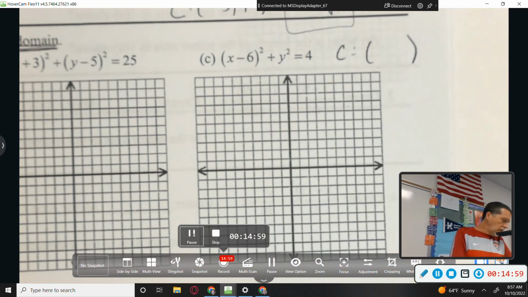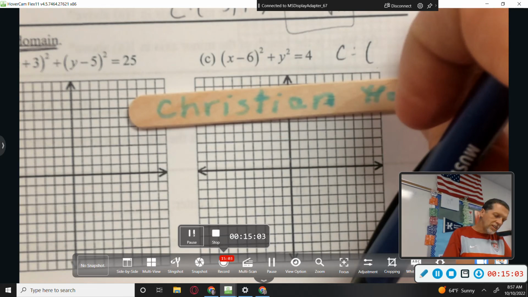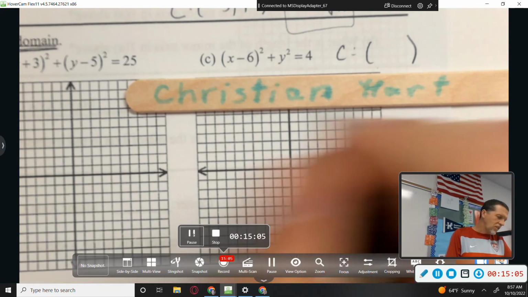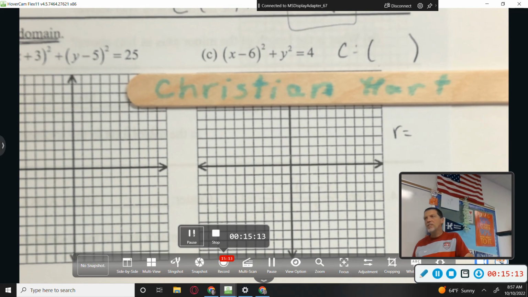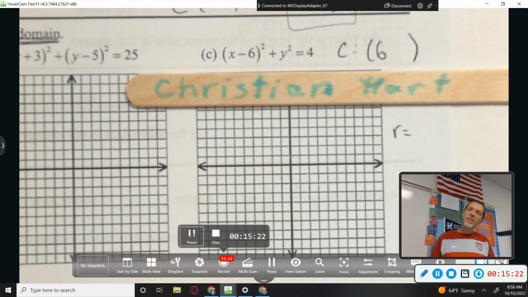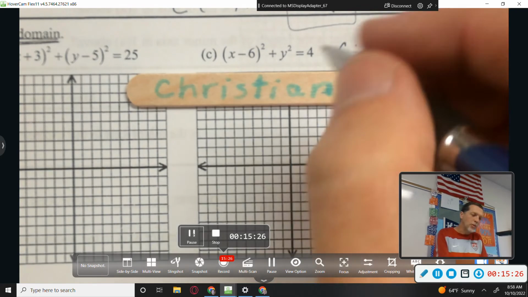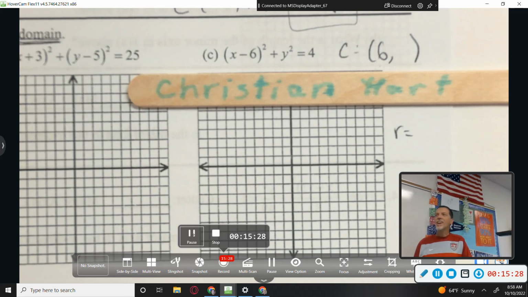The only near trick, almost trick on C is what the center is. Christian, how about the center for 11C? But it's not just 6, because it needs to be an ordered pair. 0.